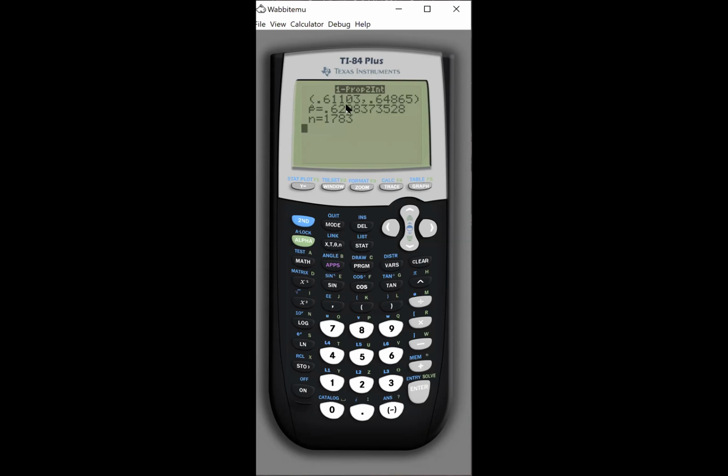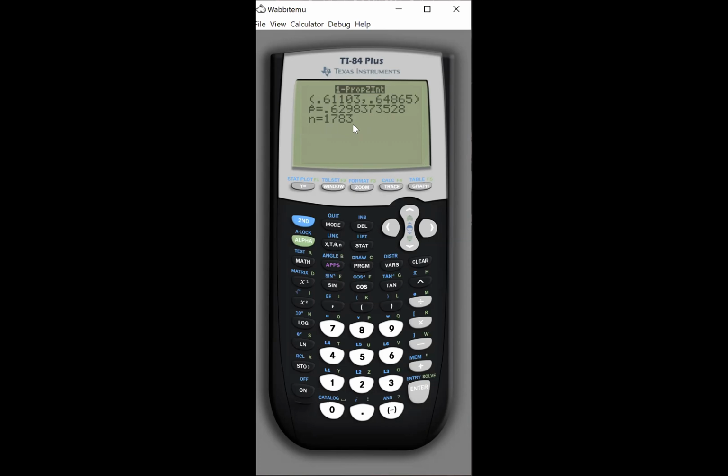In the calculator, do you put the confidence level as a whole number or a decimal number? In my experience, it doesn't really matter. If you put 90 or 0.90, it should give you the same thing.